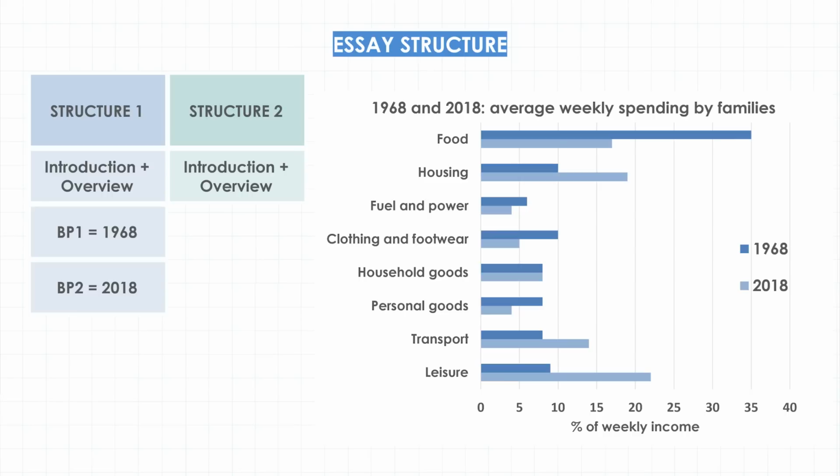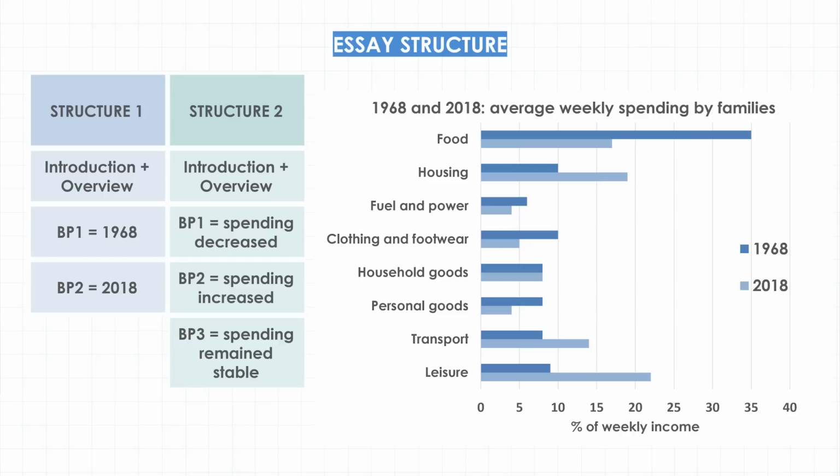Or we can describe the spending items that went down between 1968 and 2018 in the first body paragraph, then those that went up, and finally those small items where we didn't see a lot of changes. I'm going to use the first structure in my answer.